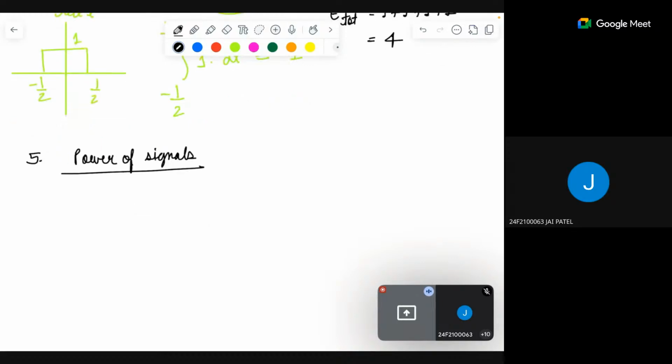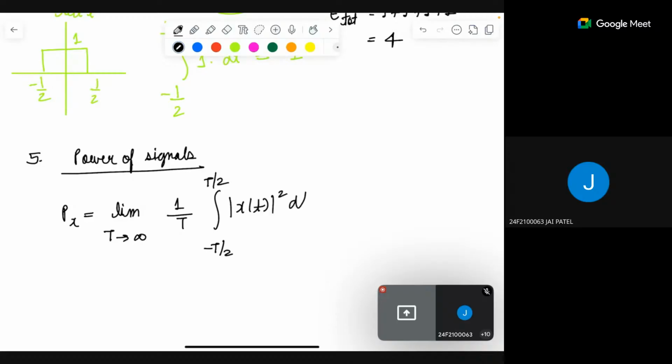Now let us look at the definition of the power calculation. If I have a signal x(t), this is how I will calculate its power. The power of signal x(t) is the limit T tending to infinity of 1 upon T, integration from minus T by 2 to T by 2 of mod of x(t) squared dt.